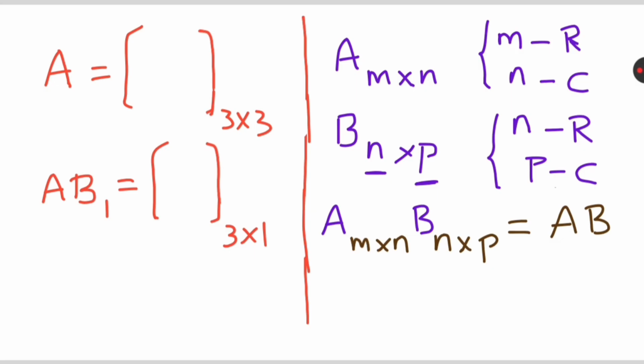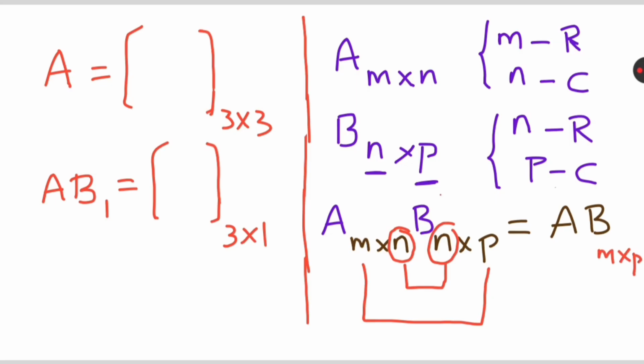The product AB is defined when the number of columns in the first matrix A is equal to the number of rows in the second matrix B. If these two are equal, then the resulting product matrix will have dimension m by p.